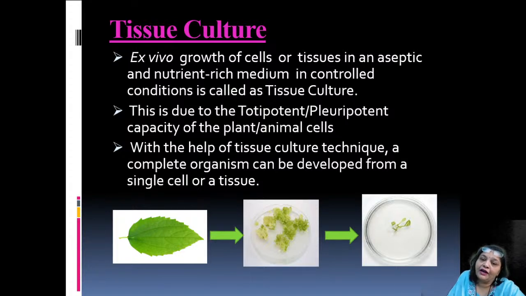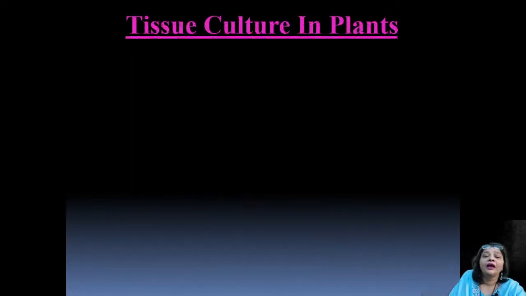Of course, we are living in this technological world, and we are surviving on this biotechnological field, right? So this is how generally a small part of the plant, a group of cells, a tissue can be multiplied by the technique of tissue culture.